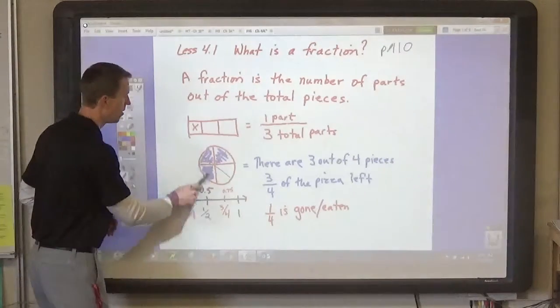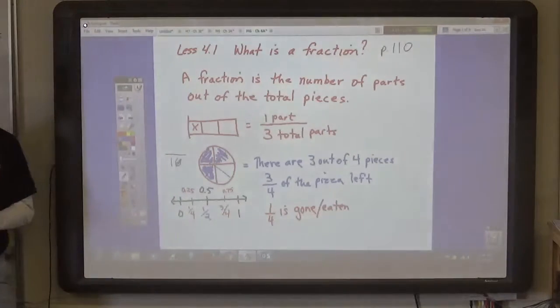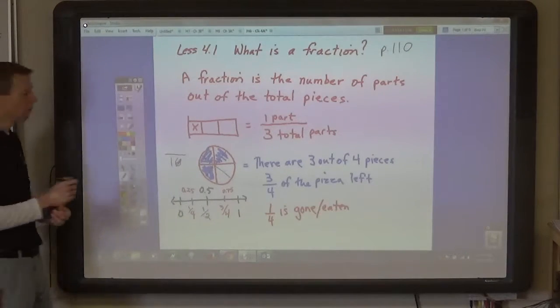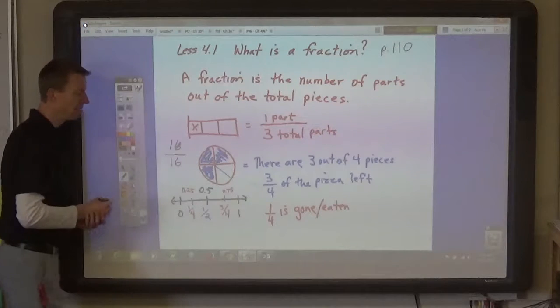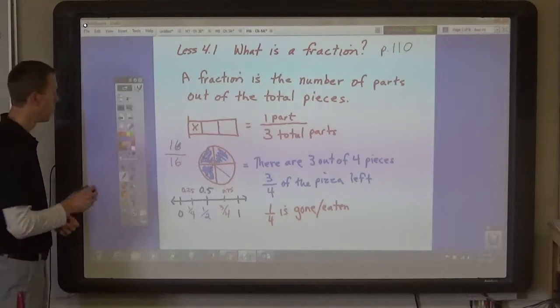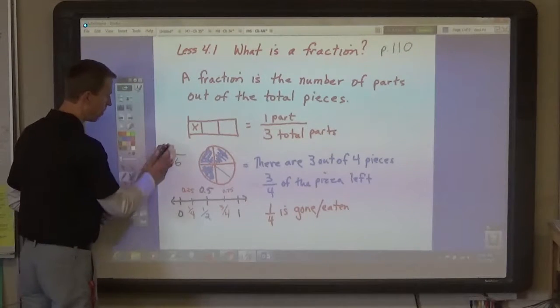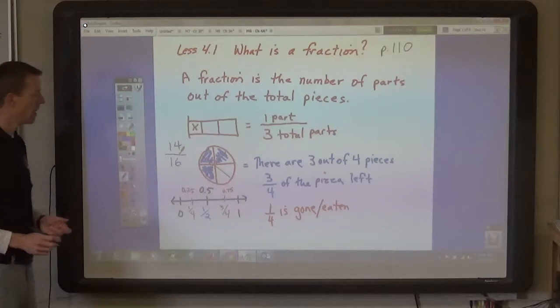If this pizza was cut into sixteenths, the whole pizza would be 16 out of 16. Or if 2 of the pieces were eaten, then it would be 14/16 left.